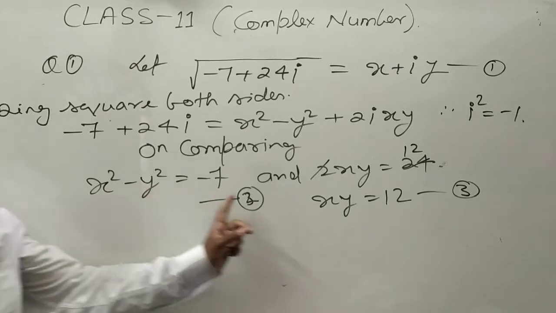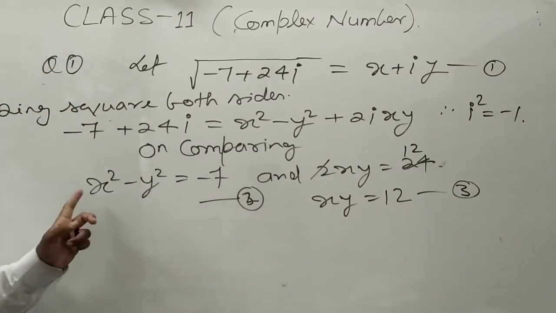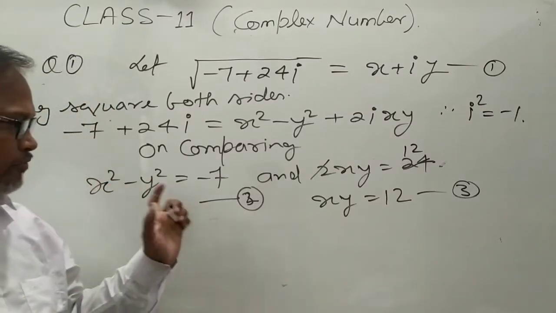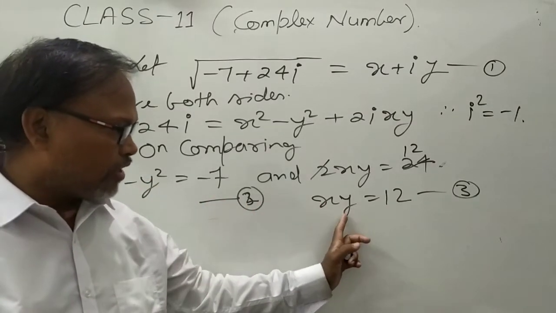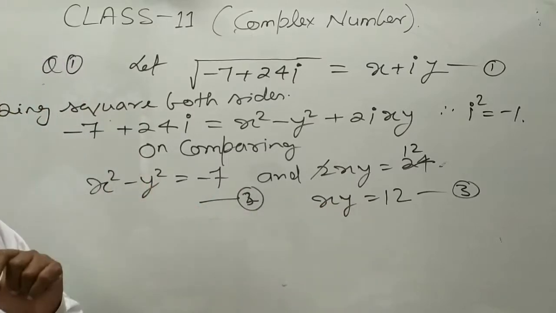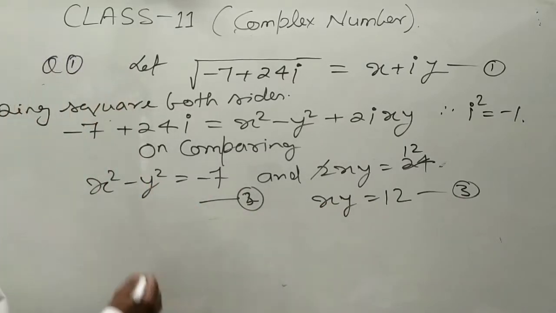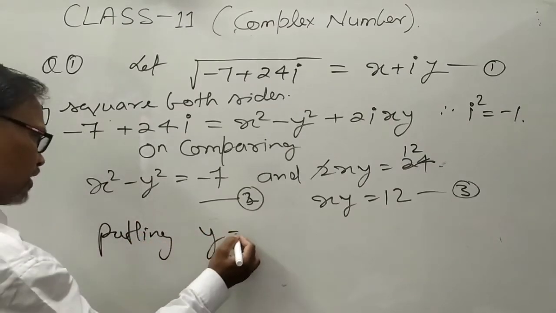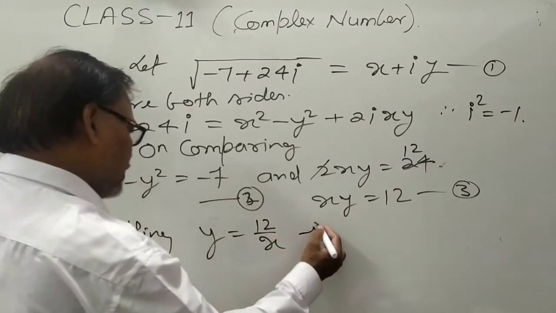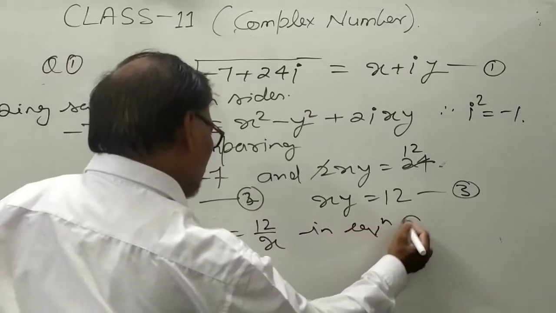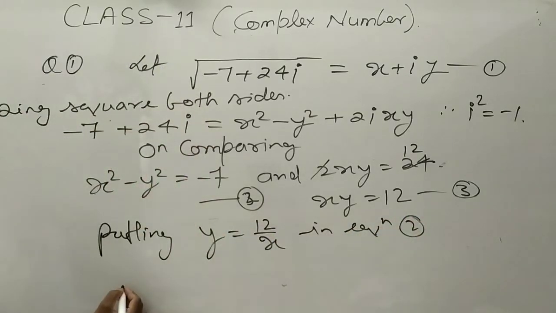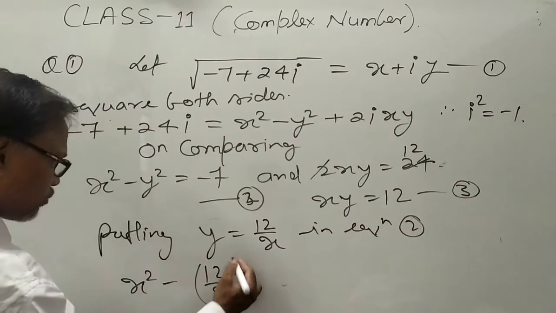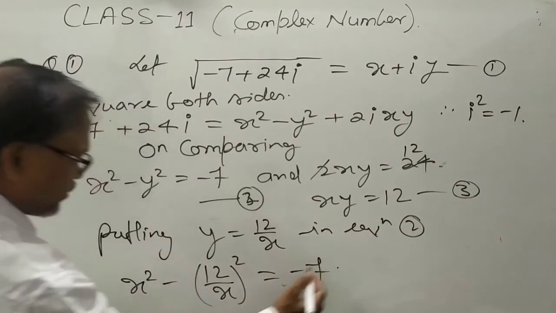After getting equation 2 and equation 3, can you find the values of x and y? Yes, you can. Suppose from here y is equal to 12 by x, put in this and solve simultaneously. So putting y is equal to 12 by x in equation 2, you will get x square minus (12 by x) whole square is equal to minus 7.